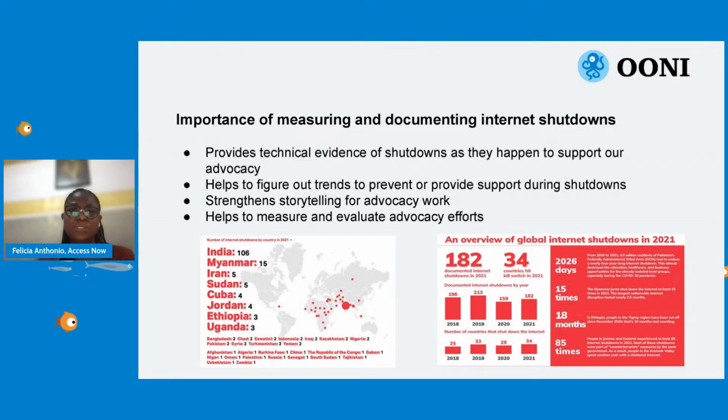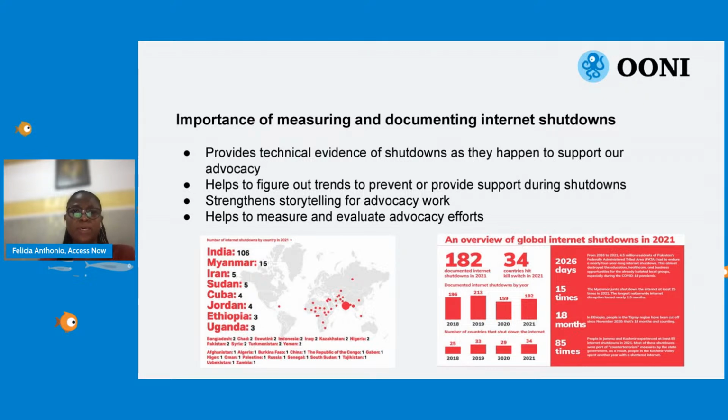We also use this data that is gathered by OONI for advocacy purposes. We share this information with various stakeholders and support litigation cases with evidence of these disruptions as and when they happen.